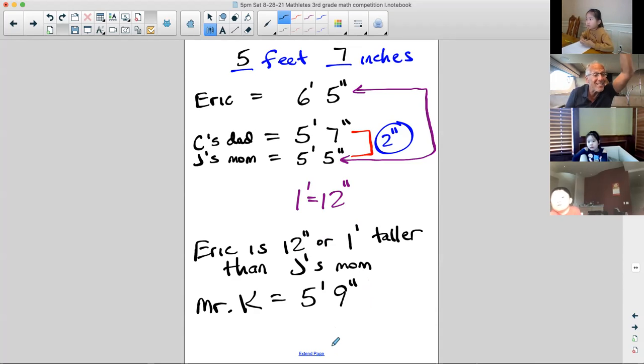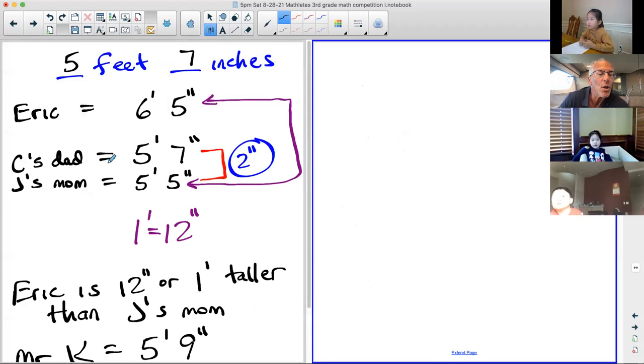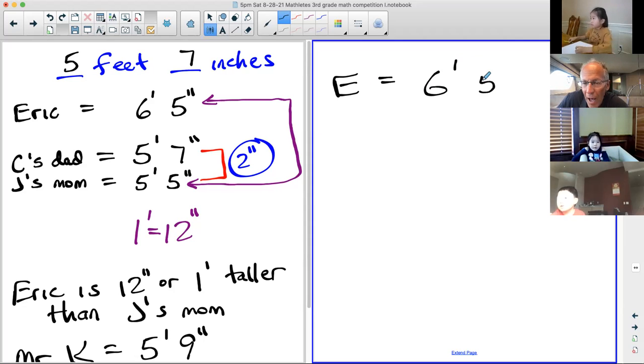Now he is this big. How much taller? So what we're going to do is put this information on the next page. We're going to write down E equals 6 feet 5 inches, and Mr. Kramer equals 5 feet 9 inches.